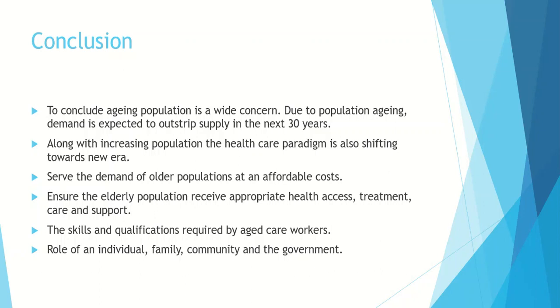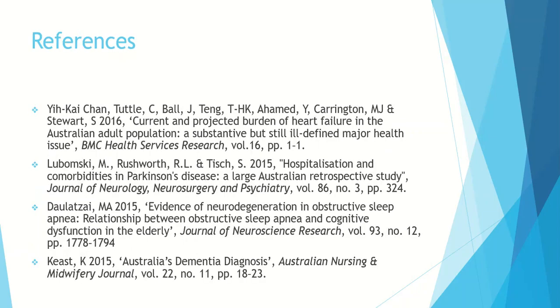And there should be a recruitment of skilled and qualified aged care workers, and there is always a role of every individual, family, community, and government for a healthier elderly population.